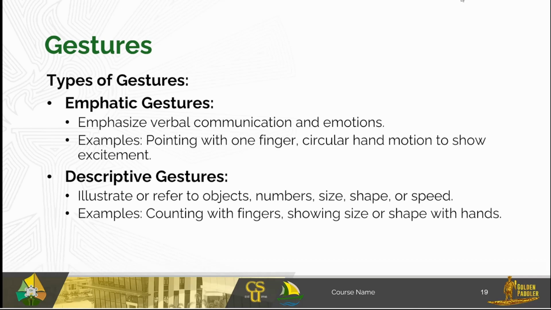Example, pointing with one finger, circular hand motions to show enthusiasm. Second, descriptive gestures. They illustrate or refer to objects, numbers, size, shape, or speed. Example, counting with your fingers, showing size or shape with your hands.